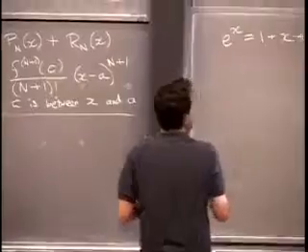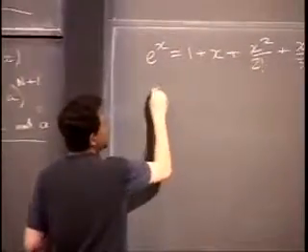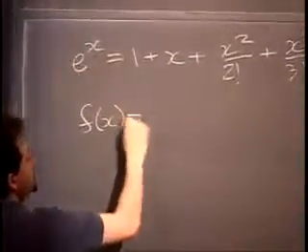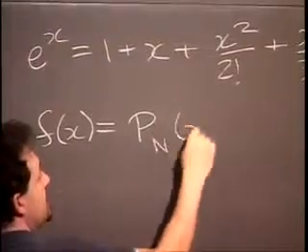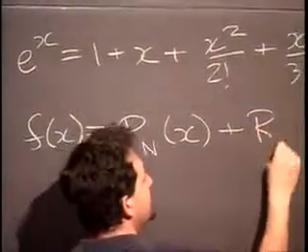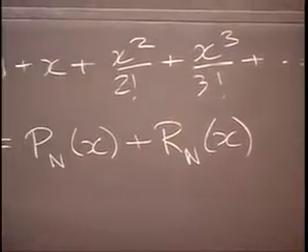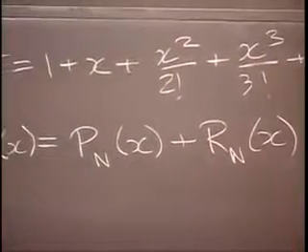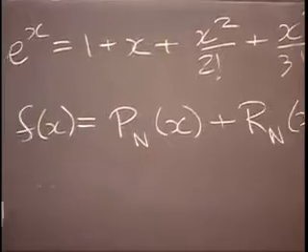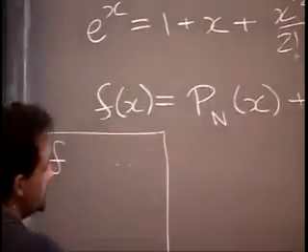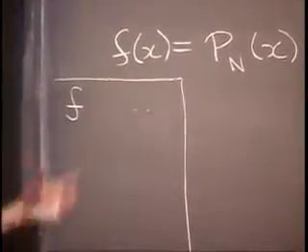So I'm assuming that we have this theorem, the Taylor theorem, that f of x is Pn of x plus Rn of x. Now, what are the three things we can choose? Well, there's always three things that are involved. One is the function f. And by the way, this is going to come up over and over again.